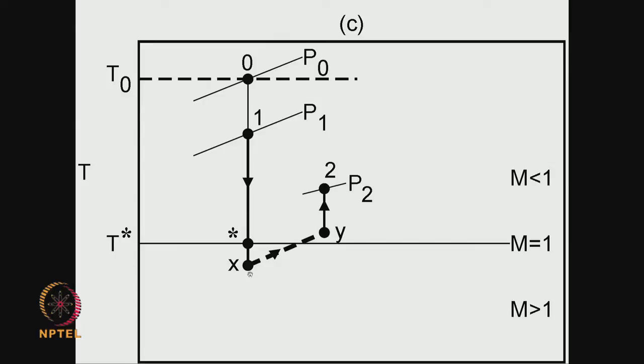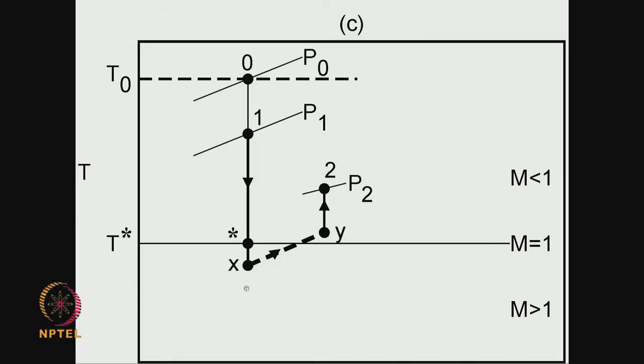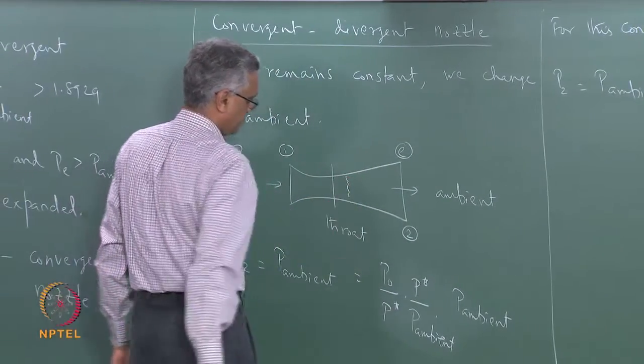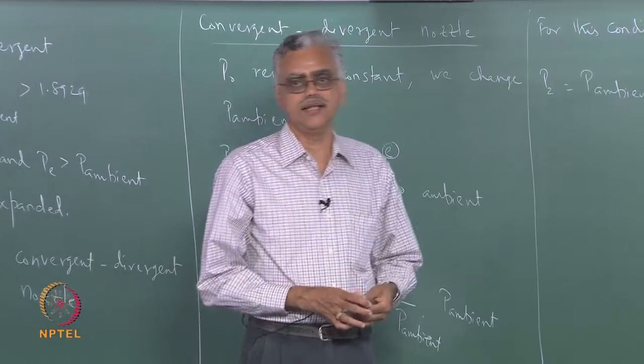However, the pressure is still high enough at the exit that it cannot accelerate throughout, and so you have a normal shock which stands in the divergent portion of the nozzle. Okay. So now you have a normal shock which stands somewhere near here. And then the flow becomes subsonic and decelerates in the diverging passage.